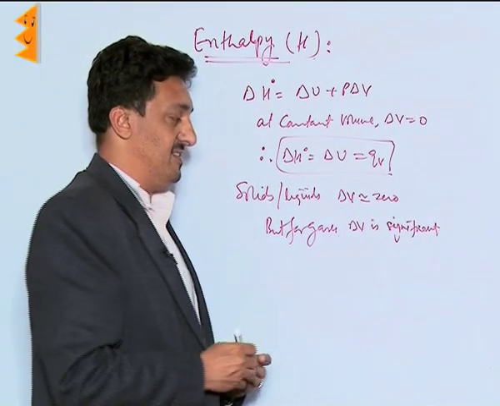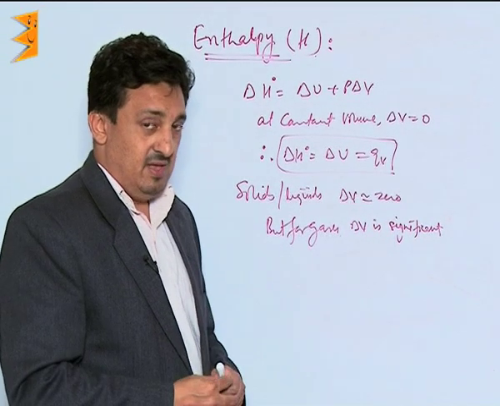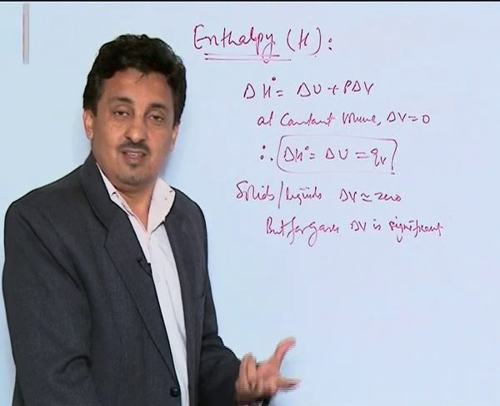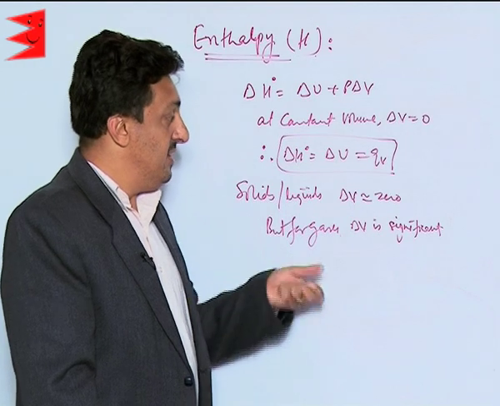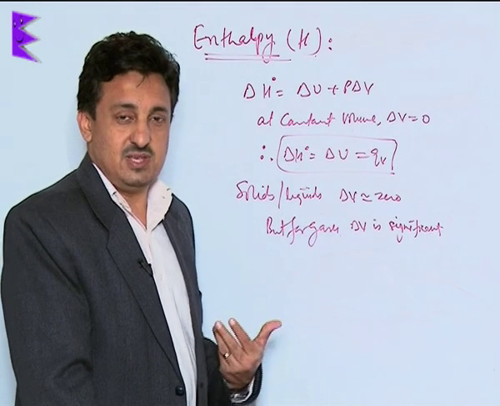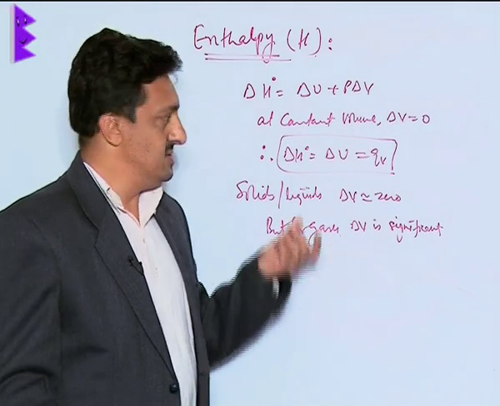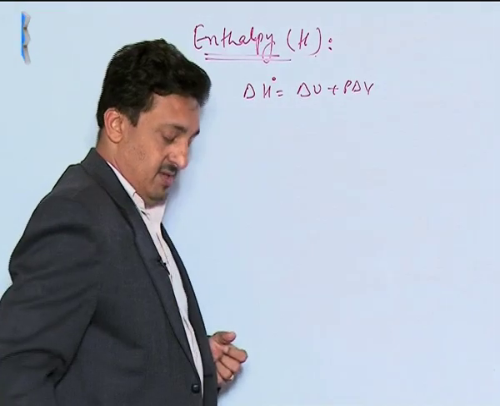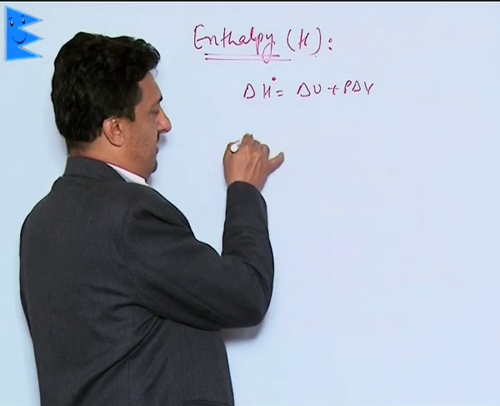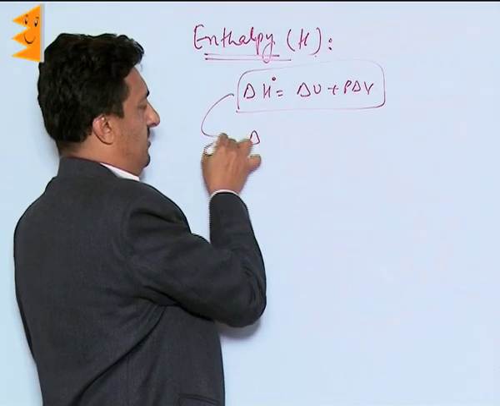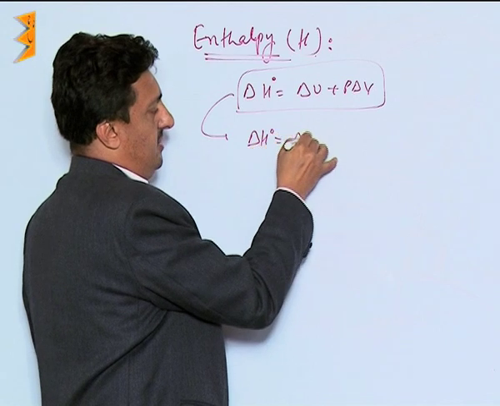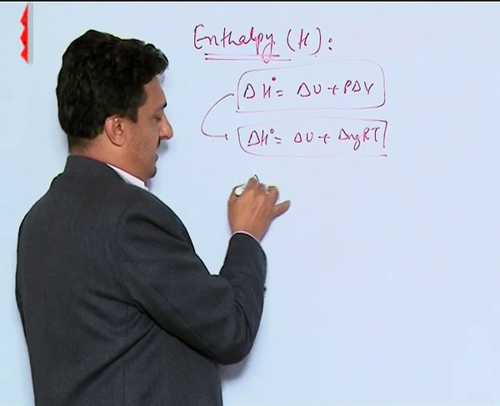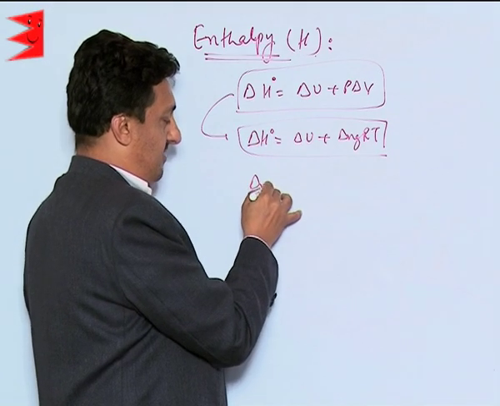So whenever a process takes place or a reaction goes on in which gases are involved, the change in the volume takes place, and then we need to include this change in the volume in the enthalpy expression. How can we do this? We can do this by changing this formula into this: delta H naught is equal to delta U plus delta Ng RT, where the g is written in subscript.